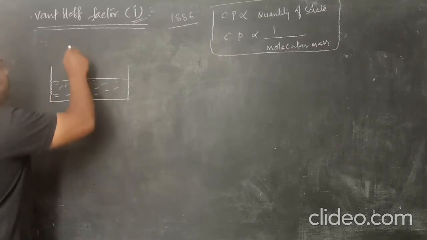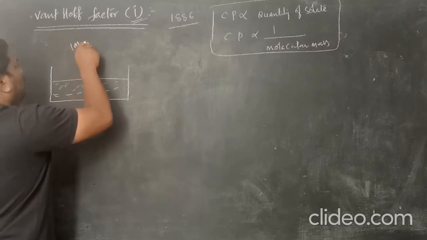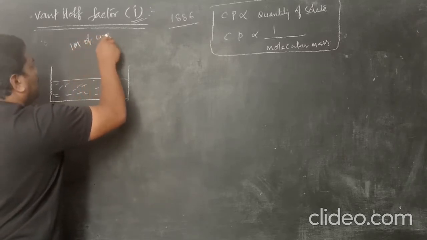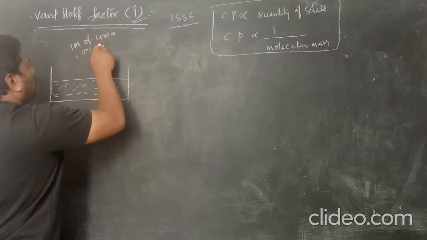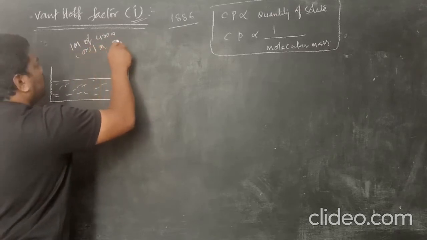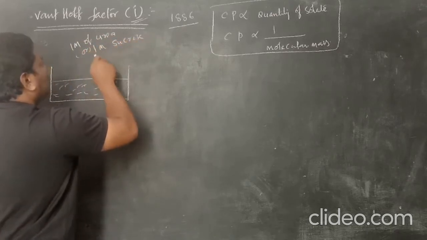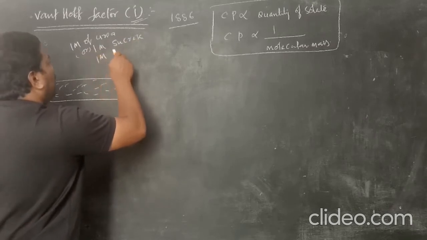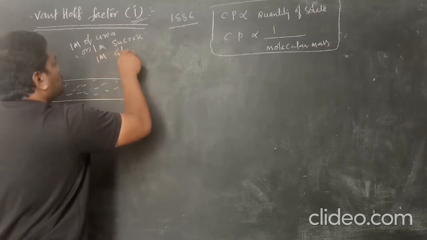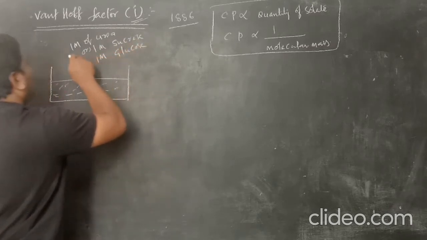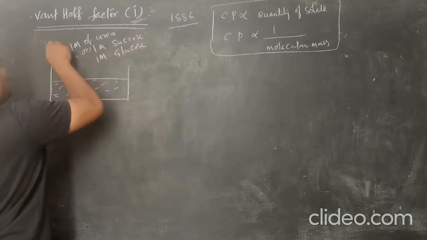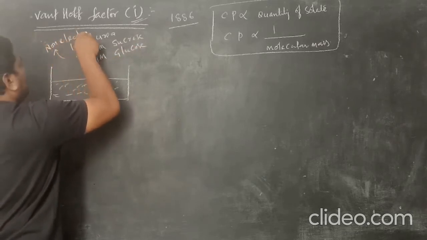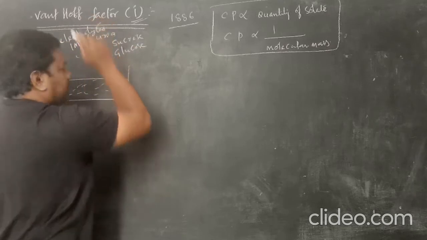We are adding, you can add, 1 mole of urea or 1 mole of sucrose, or 1 mole of glucose. These all are non-electrolytes.